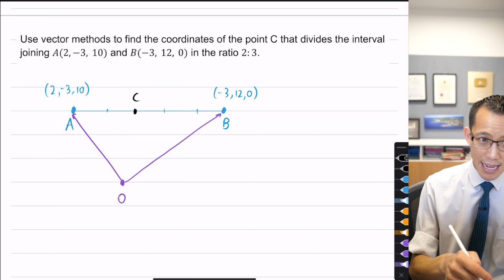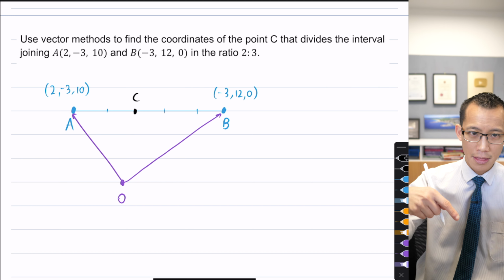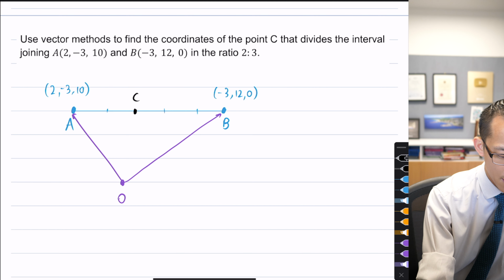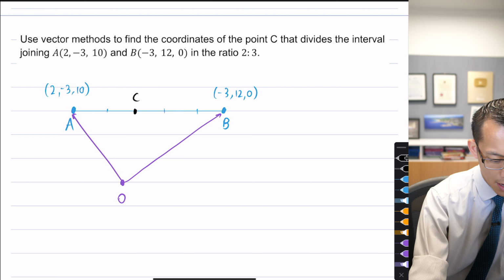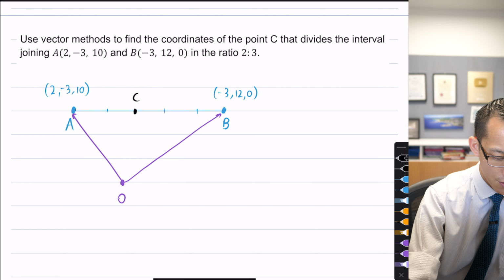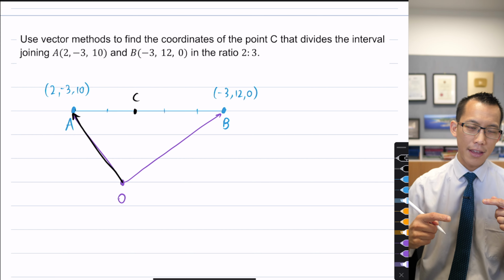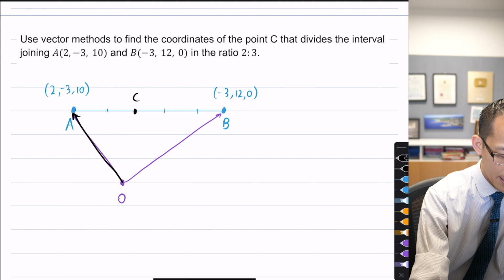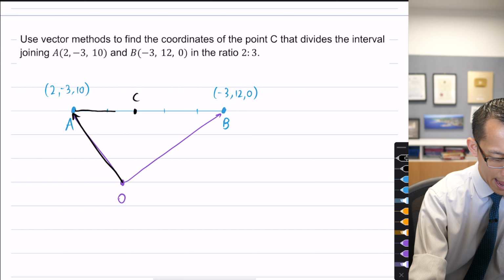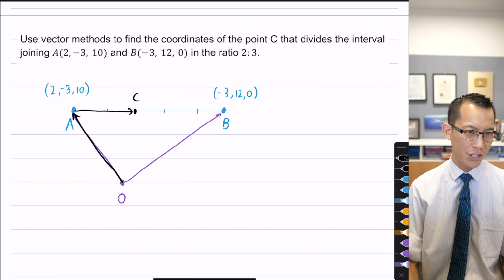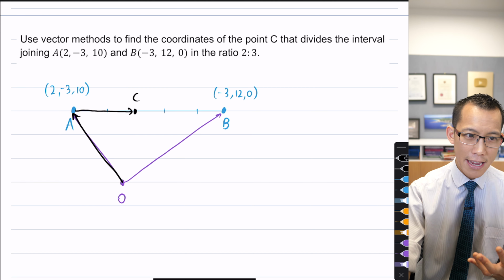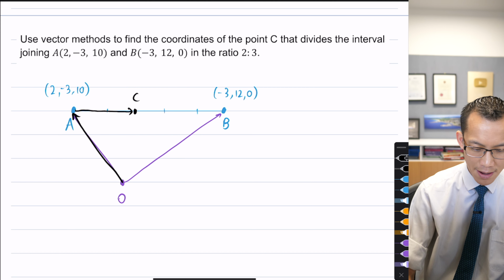To find C using my vector thinking, I can think of going from O to A, so doing this vector, and then I can do A to C by thinking of it as some fraction of A to B. I'll say that one more time.